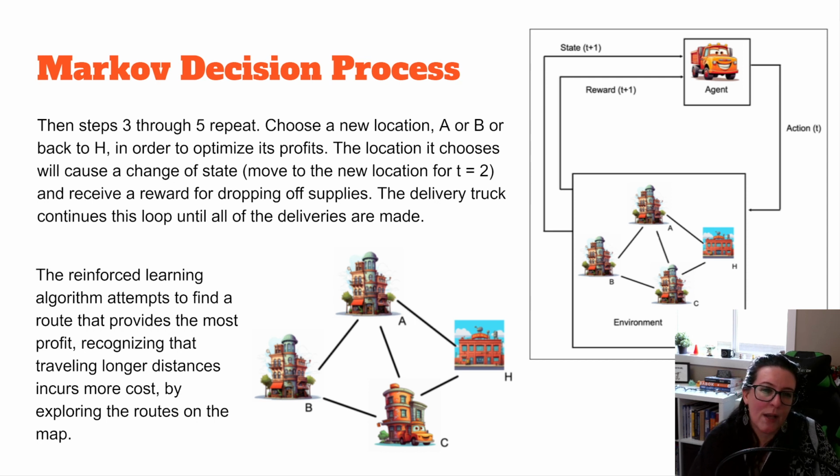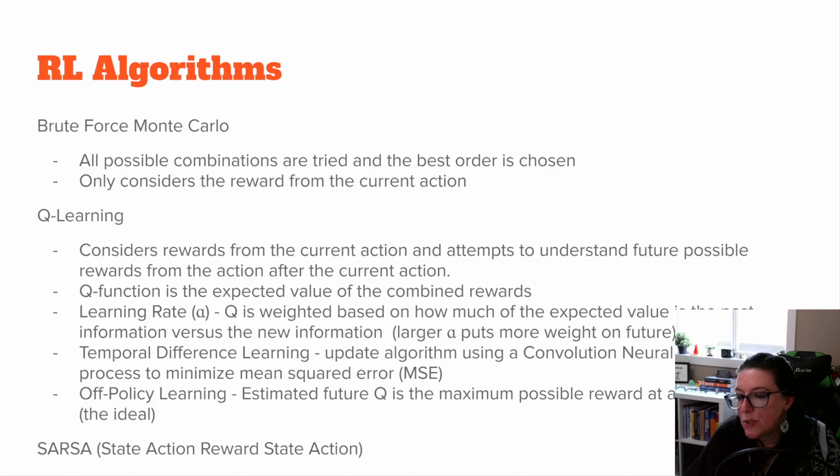The delivery truck will continue this loop of receiving a reward after they drop off supplies until all the deliveries are made. So the reinforcement learning algorithm is attempting to find a route that provides the most profit, recognizing that longer travel distances have more costs, and it's exploring the routes on the map and learning. Now, when it comes to learning, there are different types of reinforcement learning algorithms.